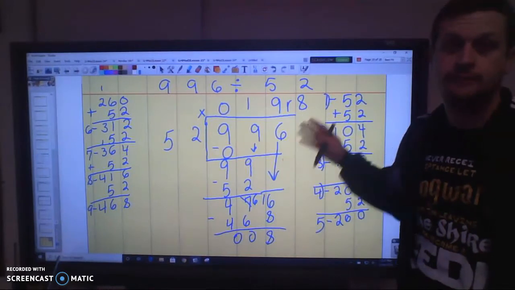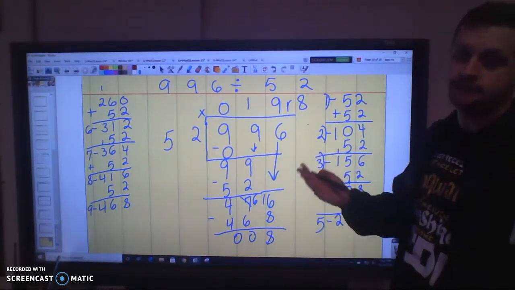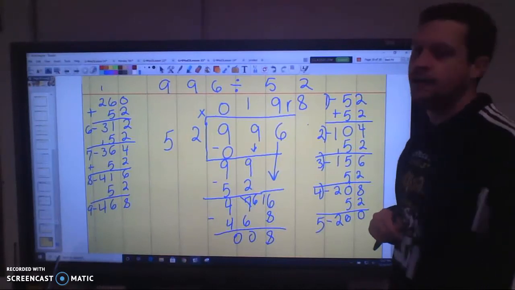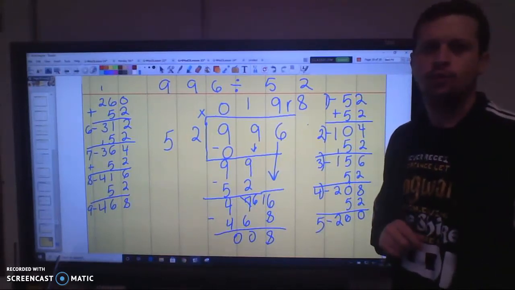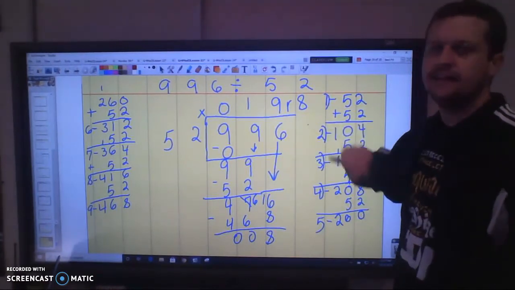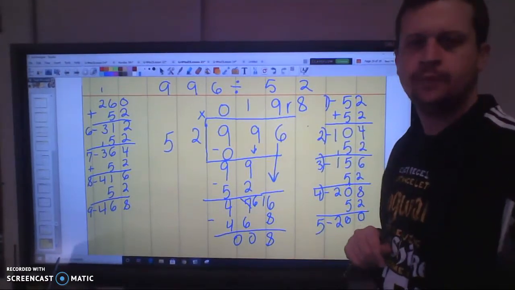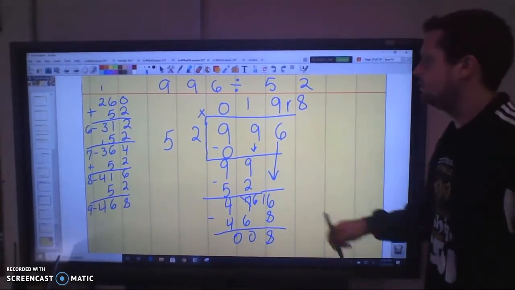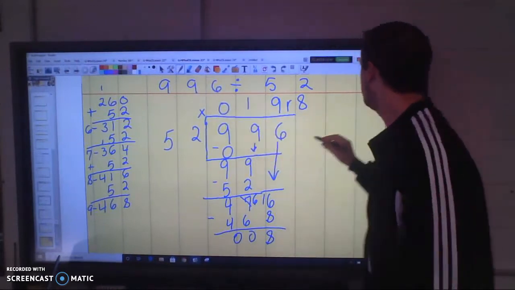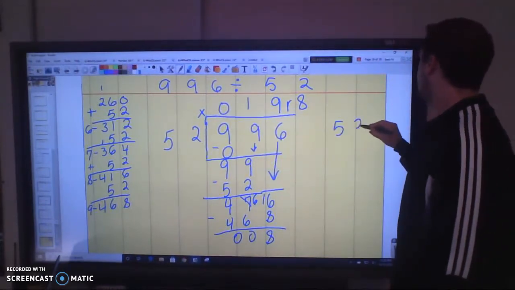I told you sometimes this way takes a little bit more time, but sometimes it's more accurate. So 19, remainder 8. So we're going to check it real quick. We're going to do 52 times 19 and then add our remainder. Let me clear this off. So again, 52 times 19.